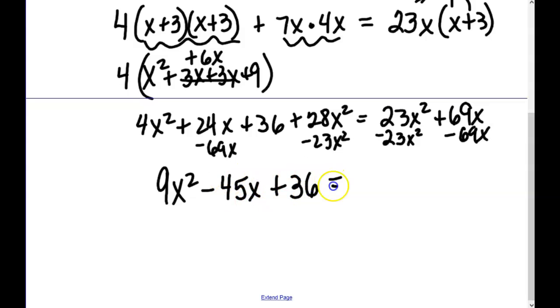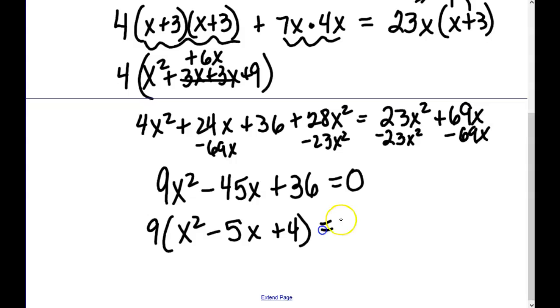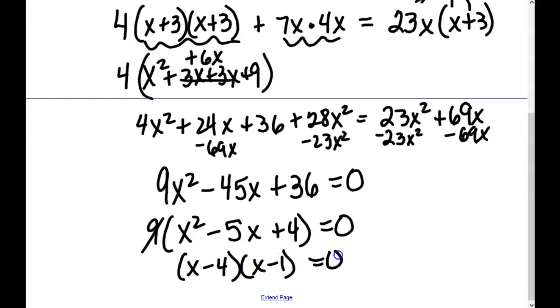Oh, look what happens. What can I take out of all of those, guys? A 9. Well, that'll make the numbers a little better. Can 9 equal 0? No, so that isn't a factor. This would factor into x minus 4 and x minus 1.